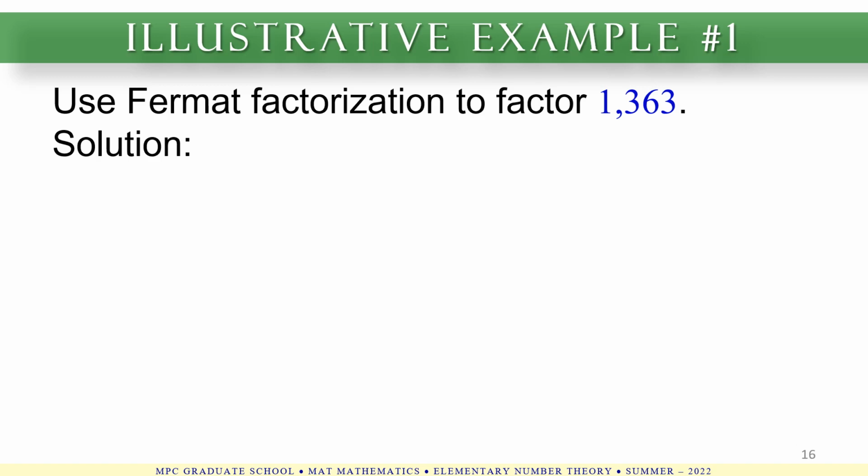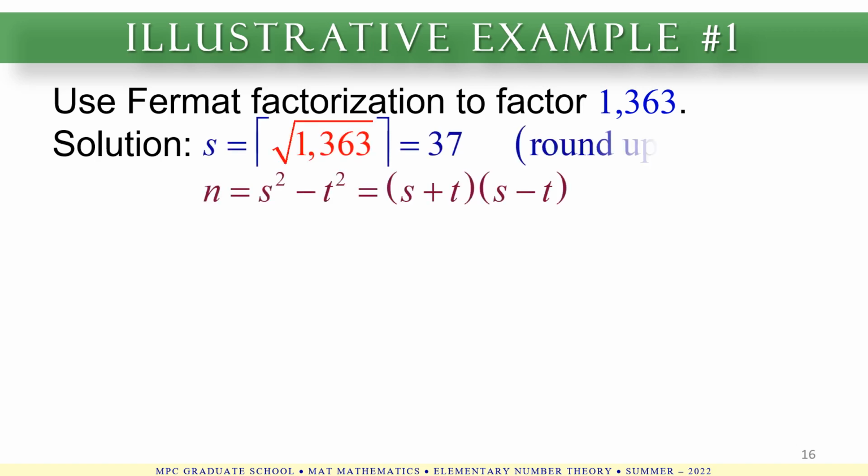We will determine the starting point of the values of s by taking the square root of 1363. It will give us 36.918. We will round up the number 36.91, so that will be 37. So we're going to use 37 as our s.